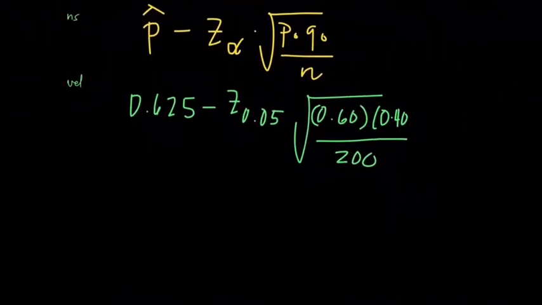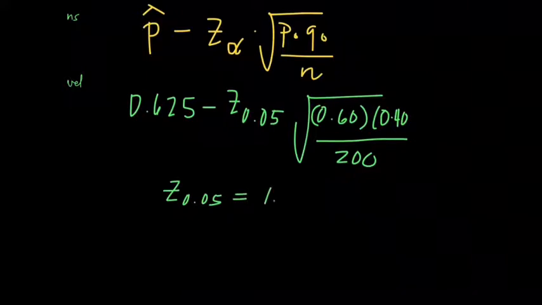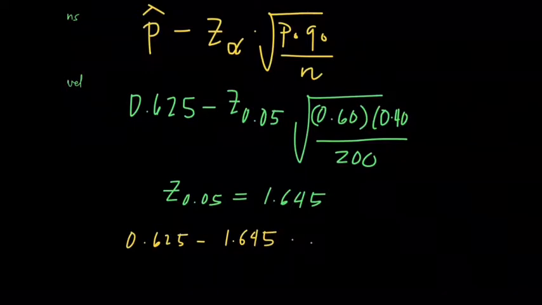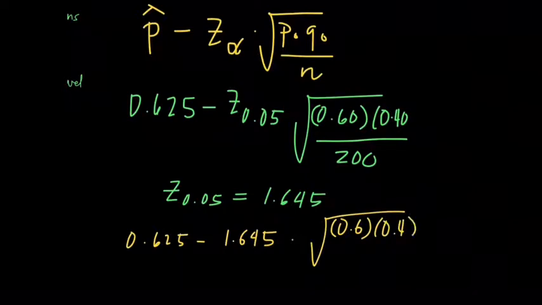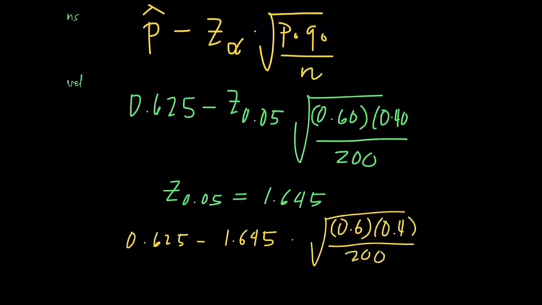Now the z of 0.05 is equal to 1.645. So the computation becomes 0.625 minus 1.645 times the square root of 0.6 times 0.4 divided by 200.